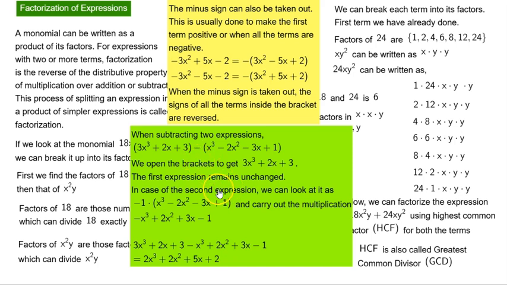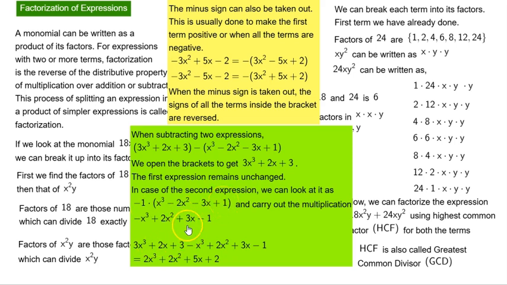In case of the second expression, we can look at it as minus 1 times x cubed minus 2x square minus 3x plus 1. And when we carry out the multiplication using the distributive property, we get minus x cubed plus 2x square plus 3x minus 1.